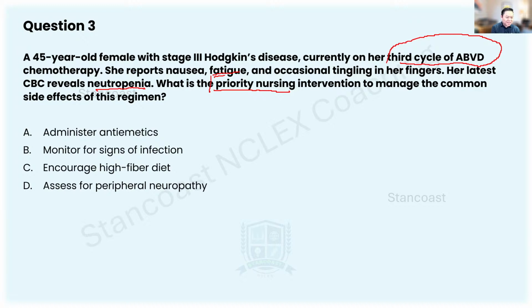You've already seen the clue from the previous test item, right? Our priority intervention here is to monitor signs of infection. This is life-threatening, guys. The neutropenia, it's already displayed in the scenario.